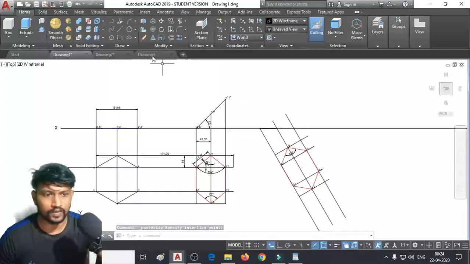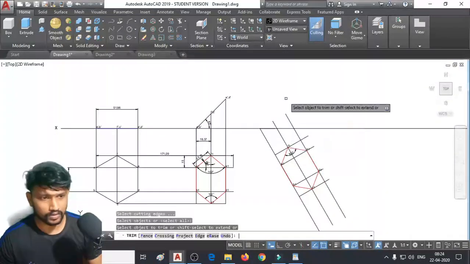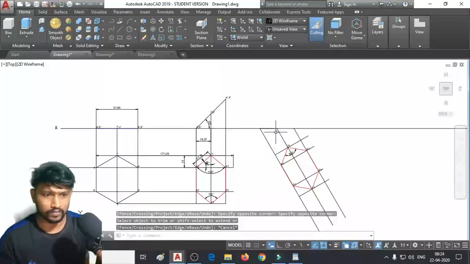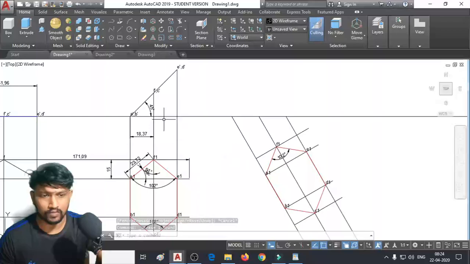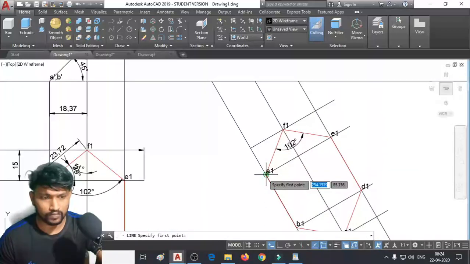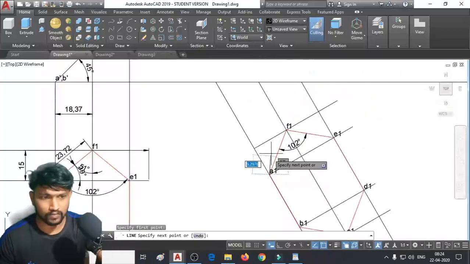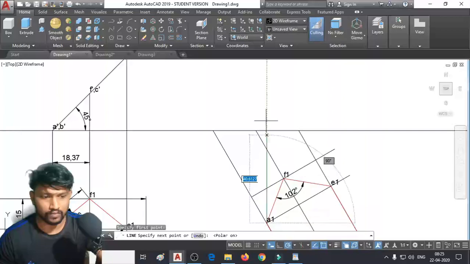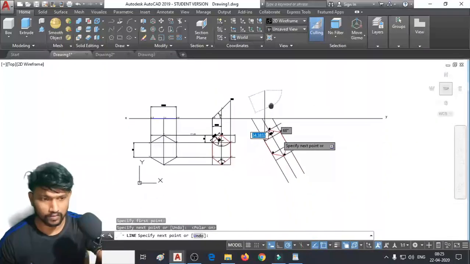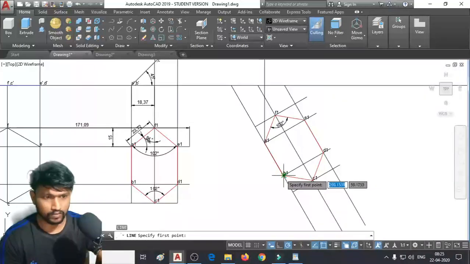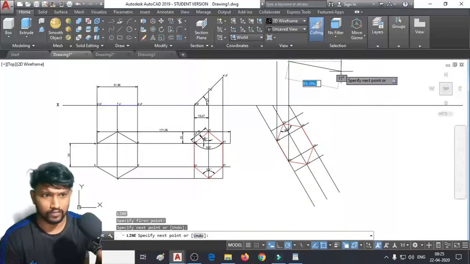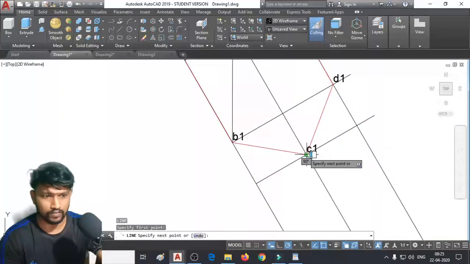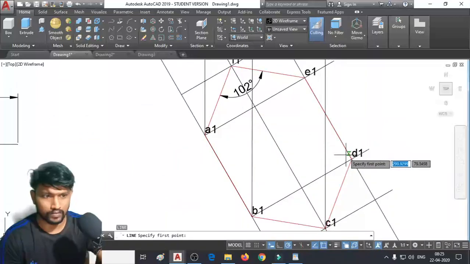Okay, I'm going to extend this line. Before doing that, that's the reason why I want to be more careful.